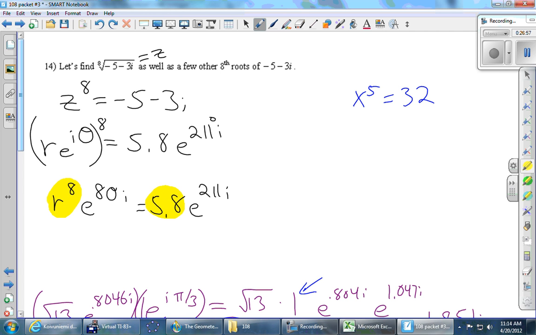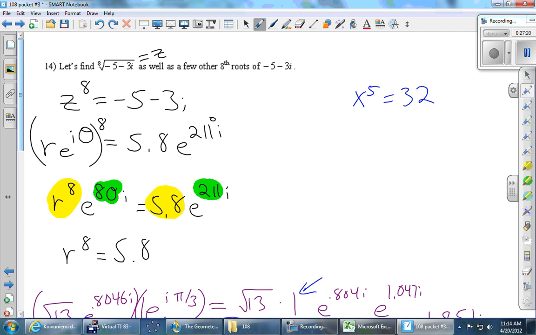It feels like it might equal 5.8. And then on the other side, 8 theta equals 211. Aha. Equations that I can solve. So we're just making the pieces equal to each other, the ones that look like they should equal each other.